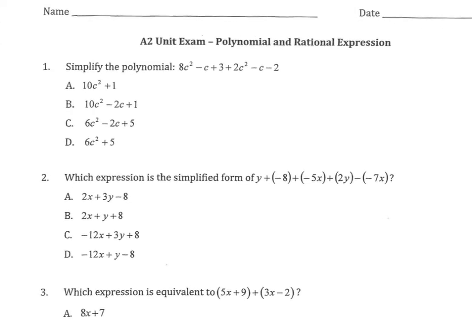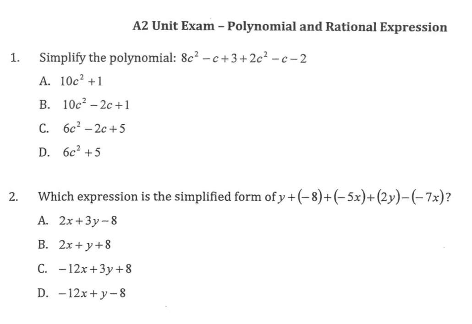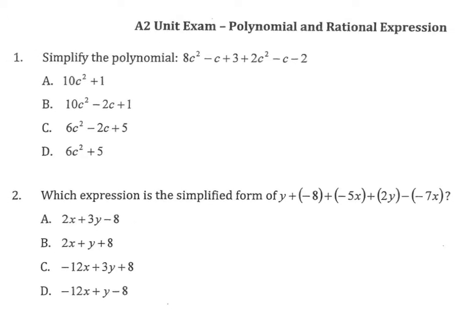The first one: simplify the polynomial 8c squared minus c plus 3 plus 2c squared minus c minus 2. We have to start with like terms, like variable and like degree, right? So we get 8c squared with 2c squared, that's going to be 10c squared.